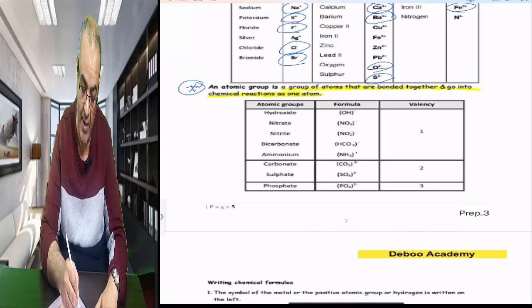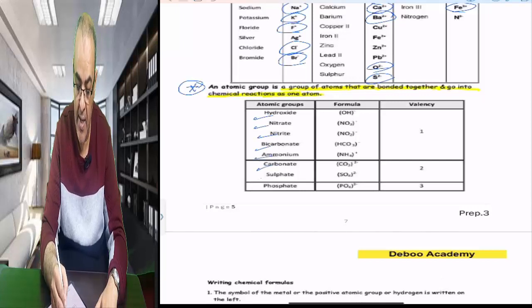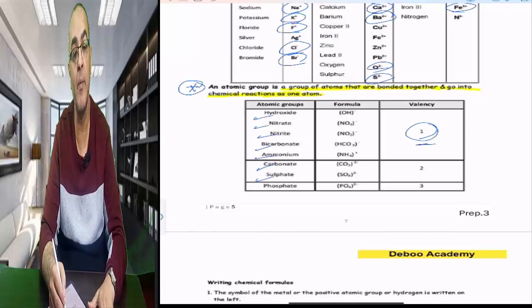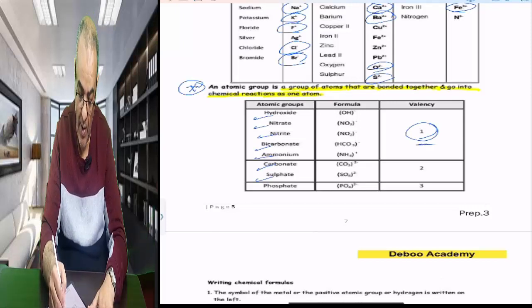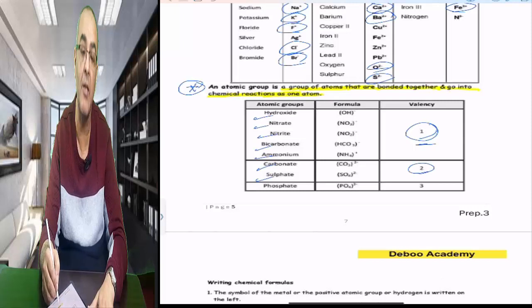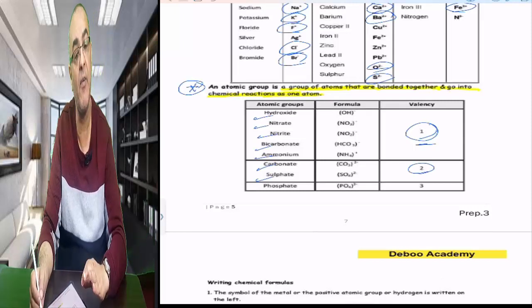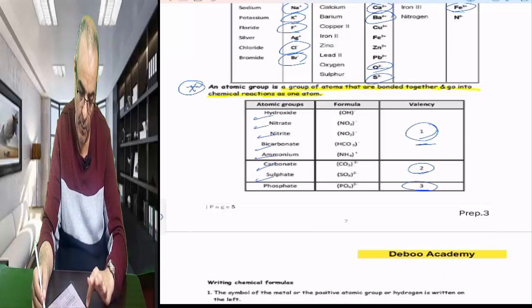The symbols of hydroxide, nitrate and nitrite, bicarbonate and carbonate, ammonium and sulfate. Here the valency of these atomic groups is 1, while the valency of carbonate and sulfate is 2. The phosphate group valency is 3.